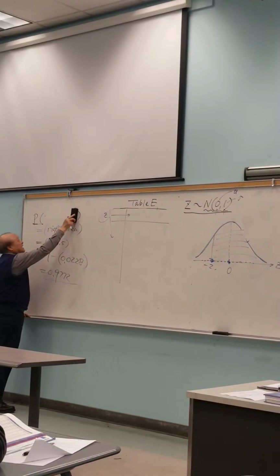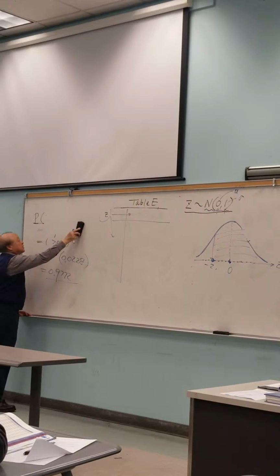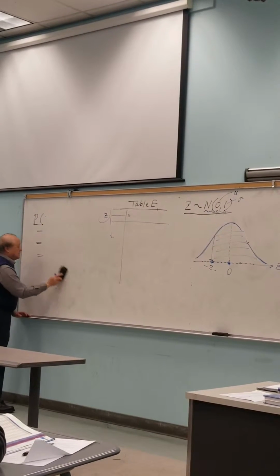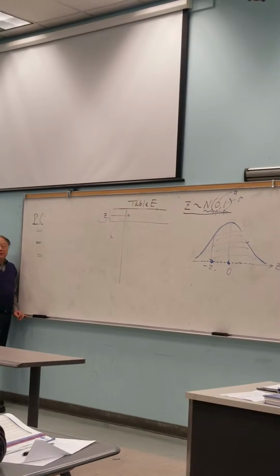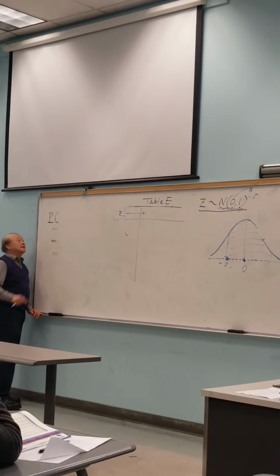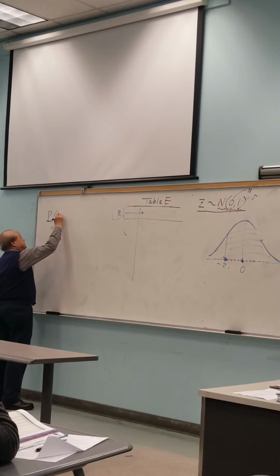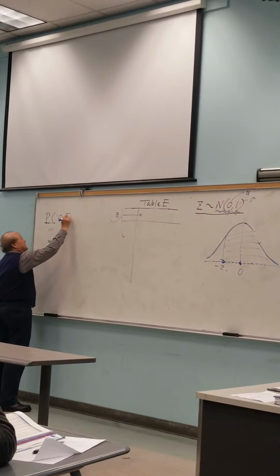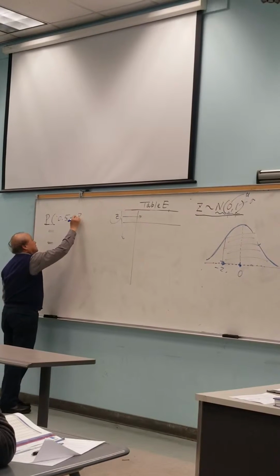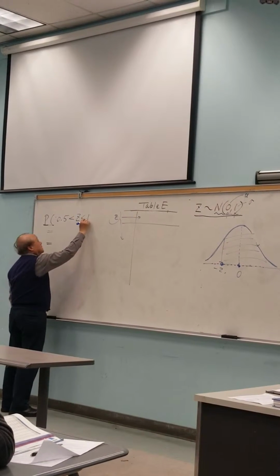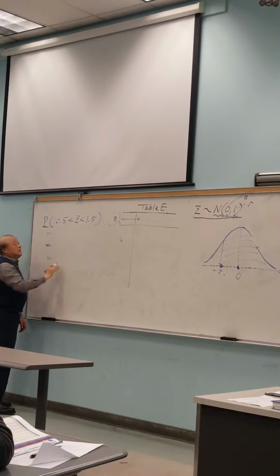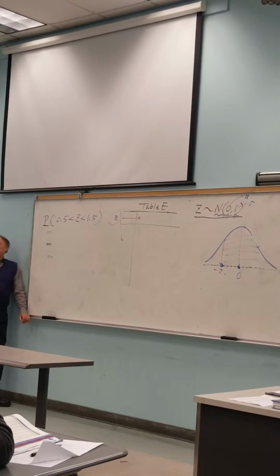Okay. Now, look at a new question. You learned how to find left area, how to find right area. Now the new question: the middle area. Okay, copy this question.